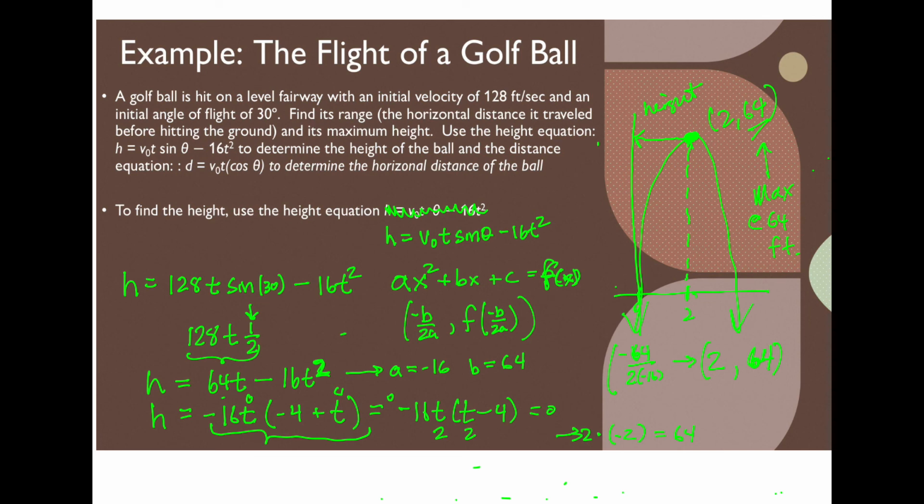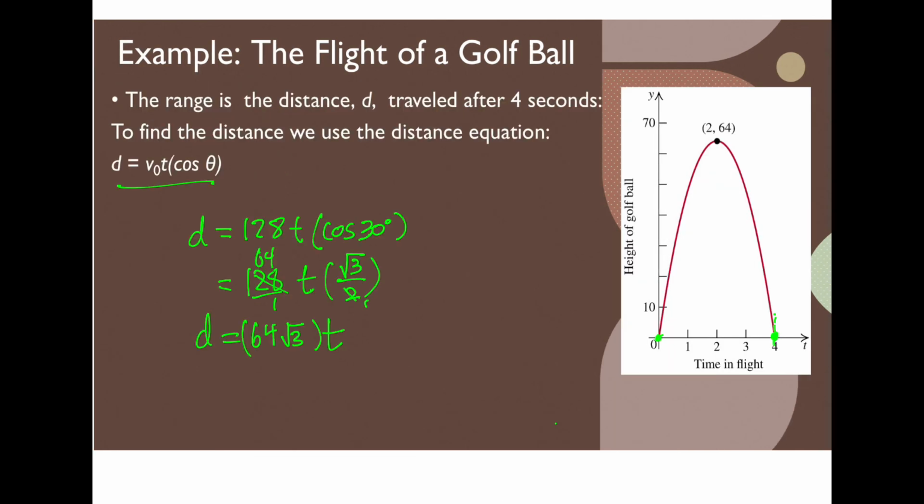So therefore, I know that I want to find the distance traveled at 4 seconds. So 4 is what I want to plug in for t. So we have 64 square roots of 3 multiplied by 4. This is approximately 443.4 feet. So that's how far horizontally our ball has traveled.